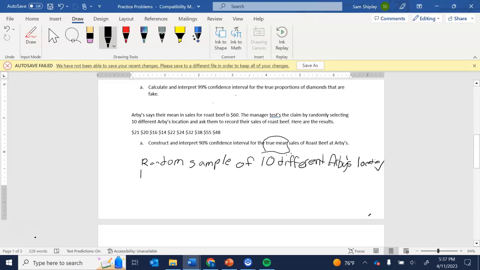To determine that, let's see, I'm going to write this out. To determine if it's a normal or large sample, you're going to form a dot plot to determine if there's any outliers or strong skewness.